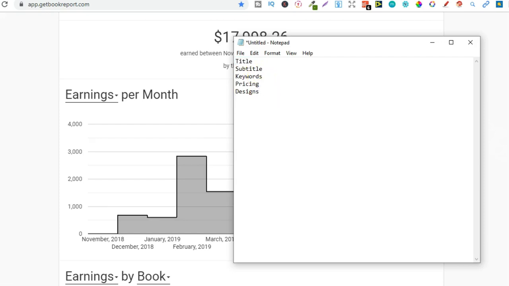See, with me personally, when it comes to designs, I'm constantly trying to improve and make better designs. But that's just me, because I don't hire someone to create my books for me or my covers. I enjoy the process of actually doing it myself, and because I'm not a designer, I'm always trying to improve and make better designs.